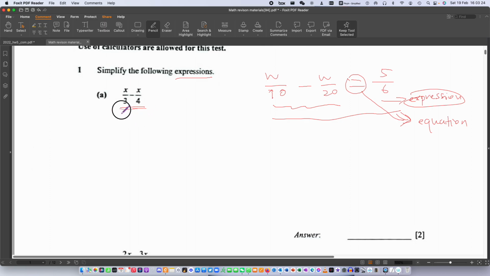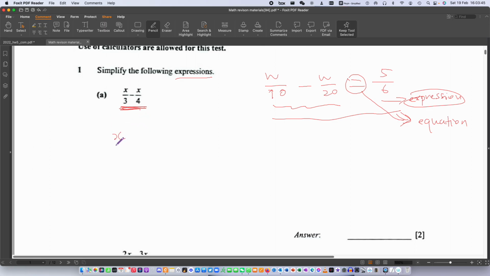So similarly, expression or equation for this one? Expression. So why do you need to care? Let me show you. How do you do this question? Change to the same denominator.